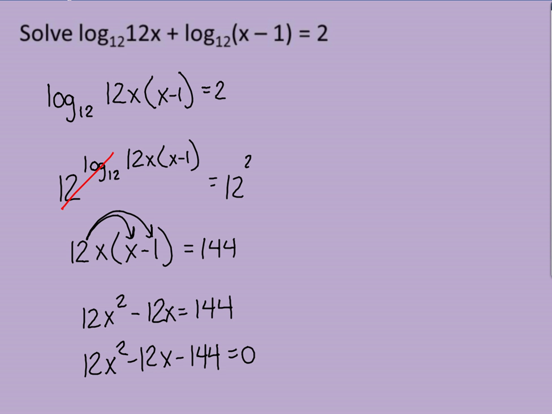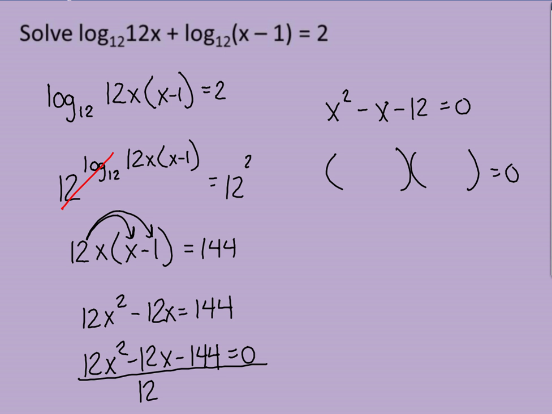Now to make our factoring a little bit easier, 12 does divide into everything. So if we divide everything by 12, we want to see what multiplies to get a negative 12, that adds to get a negative 1. This would be negative 4 and a positive 3.